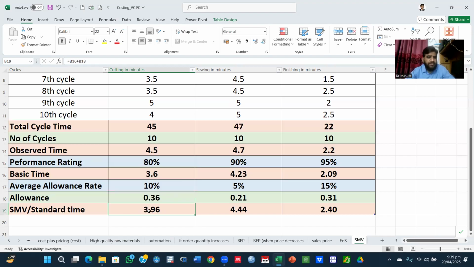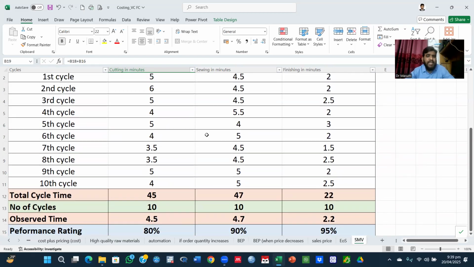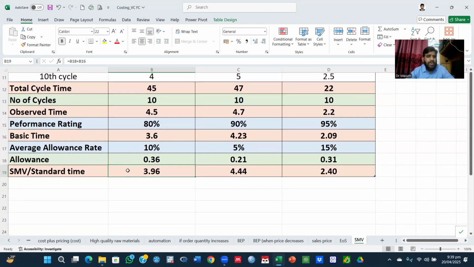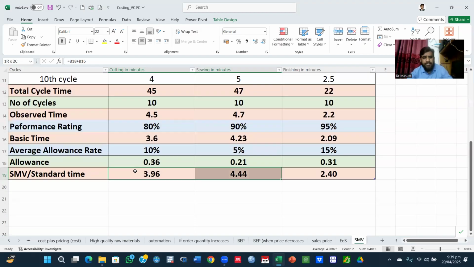So your standard time equals allowance plus your basic time, 3.96. Similarly, you can calculate the standard time or SMB for sewing and for finishing. And altogether, this is known as the SMB to produce a garment.